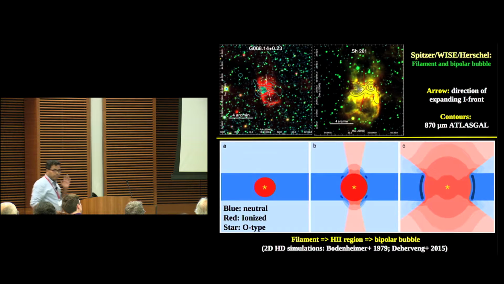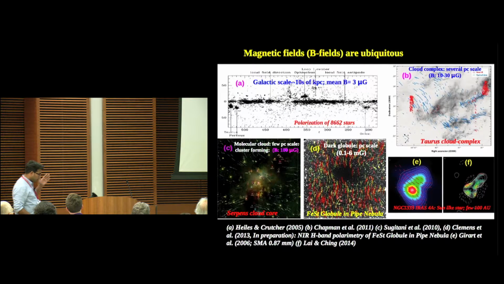If we have magnetic fields in these filaments, they also introduce an additional anisotropic pressure, and we'd like to study the influence of magnetic fields on the formation and evolution of this bipolar bubble RCW57A.